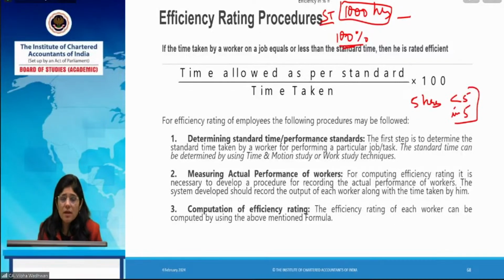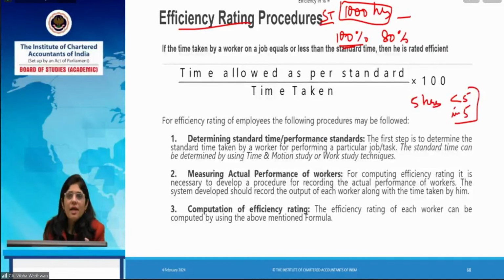So if the laborers are efficient, then 1000 hours is okay. But if our laborers are not efficient, if they are 80% efficient, the efficiency rating will tell us how efficient our workers are. If our workers are only 80% efficient, then this standard time is also wrong. If I say my workers are 100% efficient, then the standard time would be 1000 hours, which my workers would require to complete that finished product.